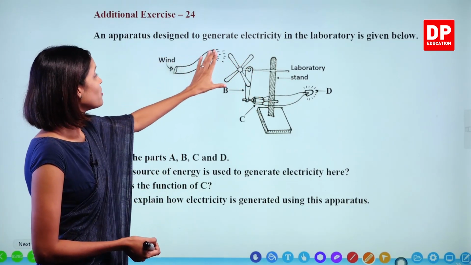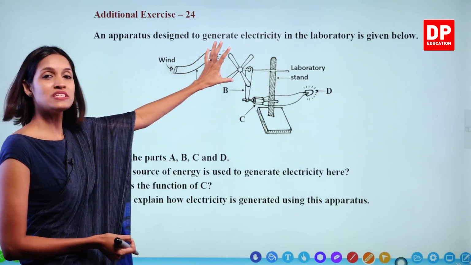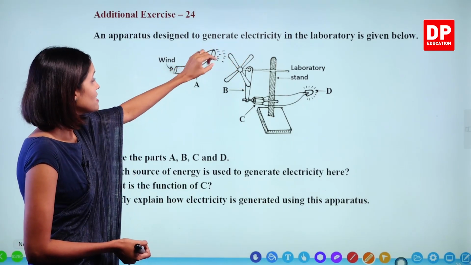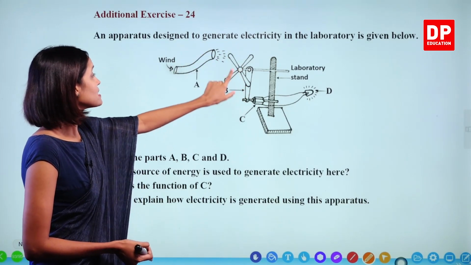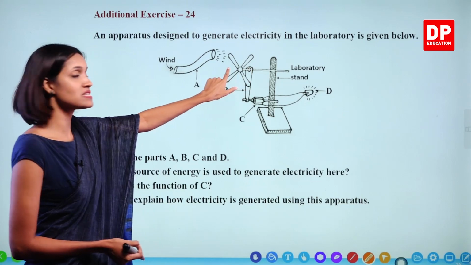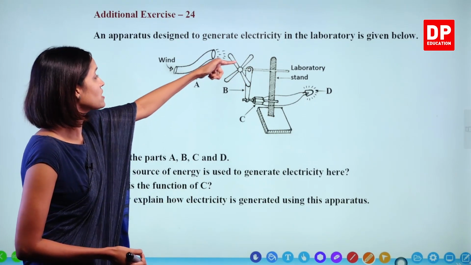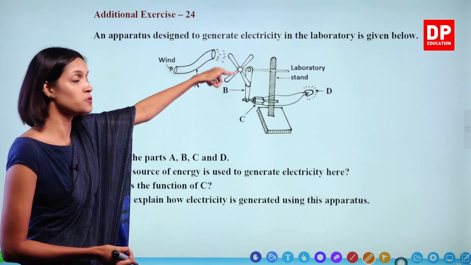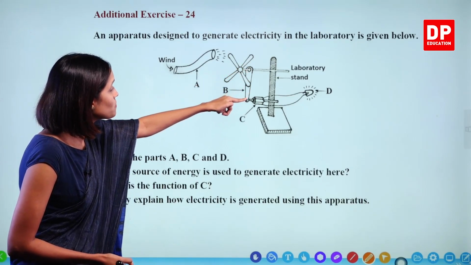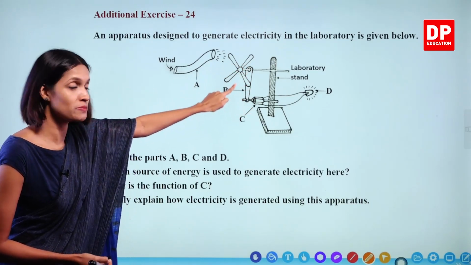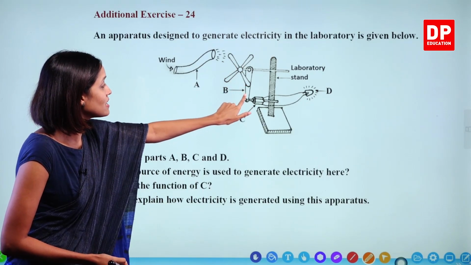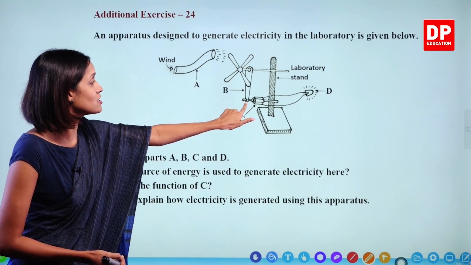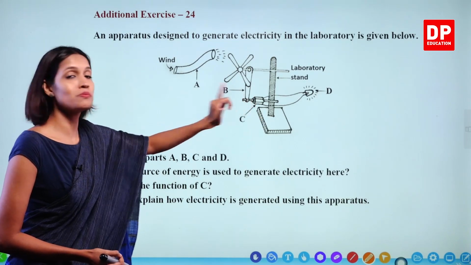Now, because of the wind, this propeller or the small turbine rotates. So, when the turbine rotates, this movable belt that is connected to the axis of this turbine also rotates. Because of the rotation of the movable belt, you can see that the other end of the belt is connected to the axle of the motor.